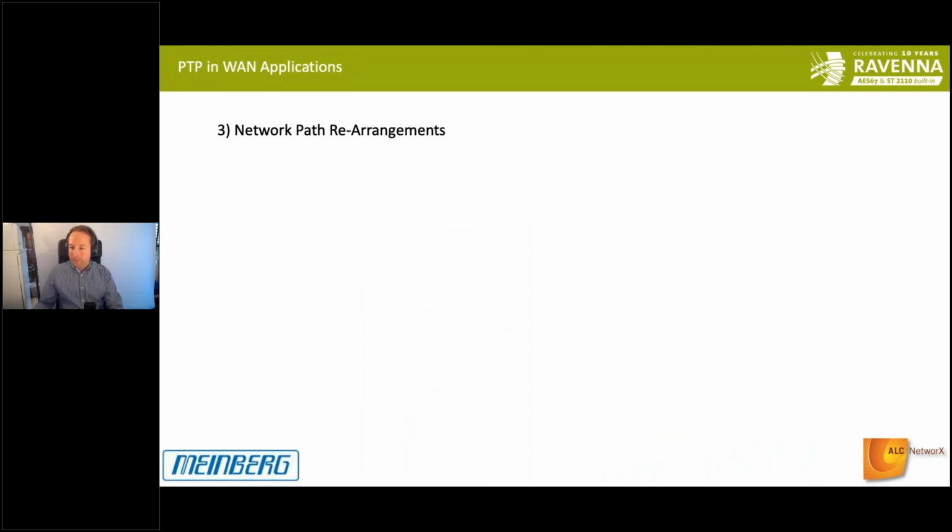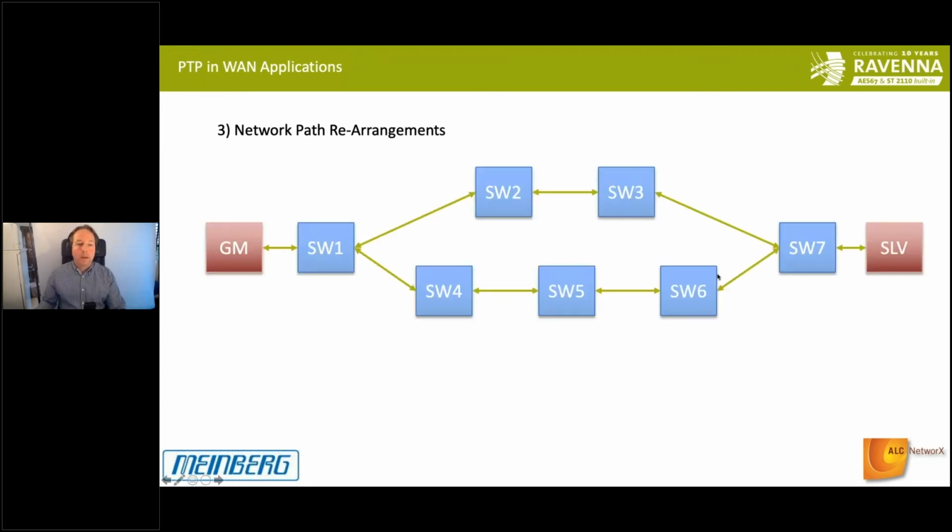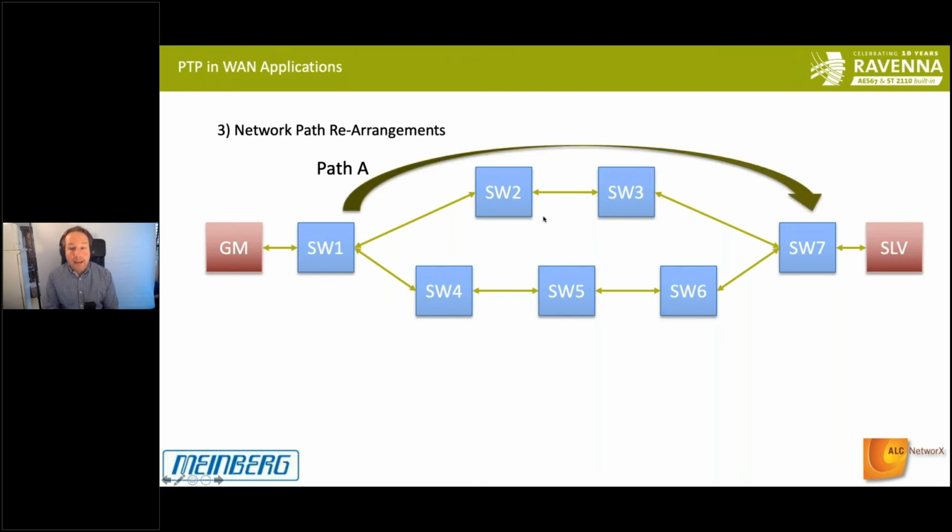Okay, the third challenge within wide area networks and transporting PTP is network path rearrangements. What does this mean? So you have a path from the grandmaster on the left side to the slave on the right-hand side, and you have two different paths that this signal can take. Usually path A would be chosen, from switch 1 over switch 2 to switch 3 via switch 7 to the slave.